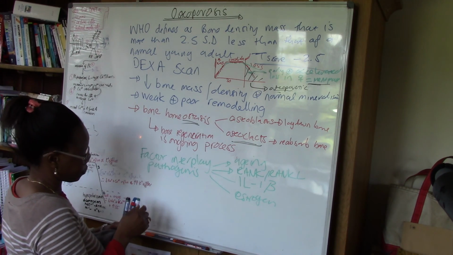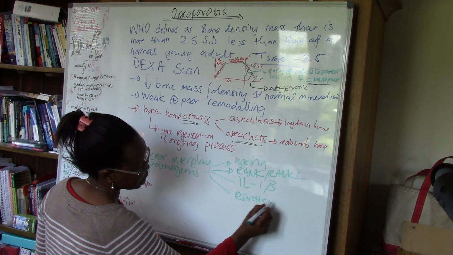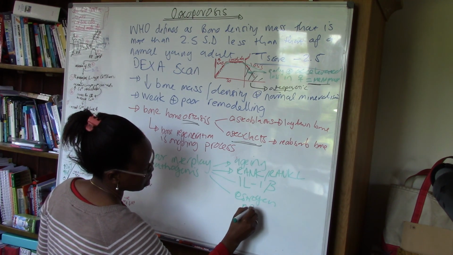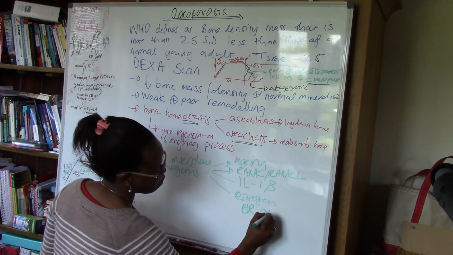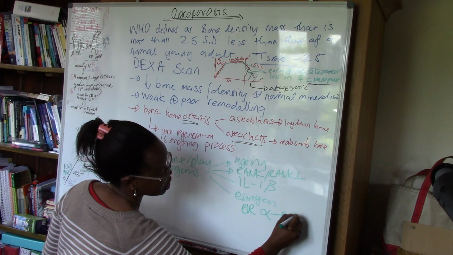So again, we know that the estrogen receptor alpha is the one that's involved in osteoclast activity.